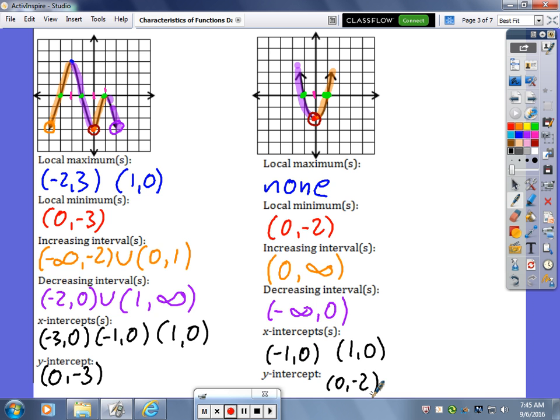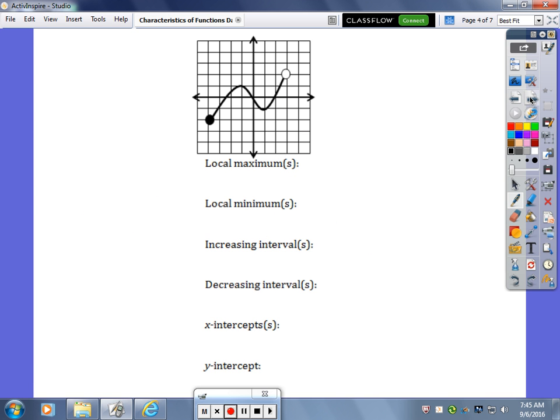Then let's go to our next example. Our local maximum is right here, and it has the coordinates -1 and 1. The open circle is not a local maximum because to its right it doesn't have points that are lower, so therefore it doesn't count.